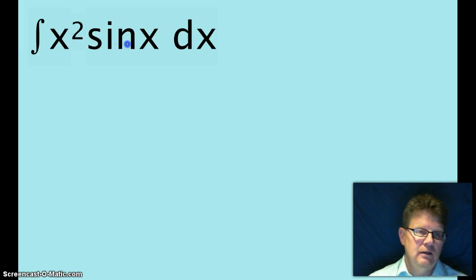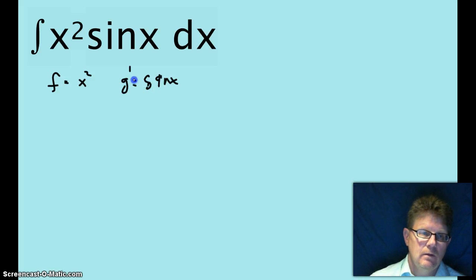Polynomial and a trig. This f will be x squared, and g prime will be sine x. Sorry, I was already moving ahead. So f prime equals 2x, and g equals negative cosine x.